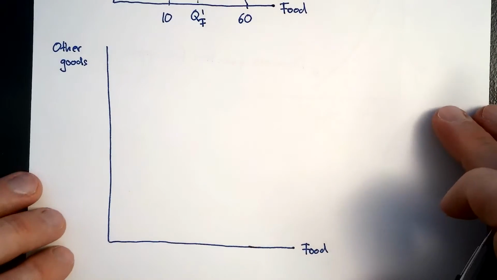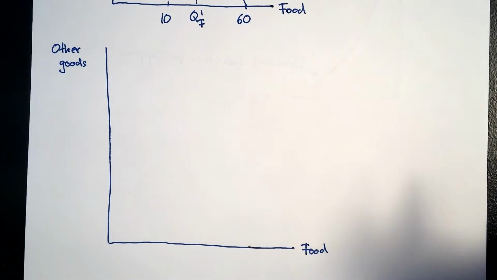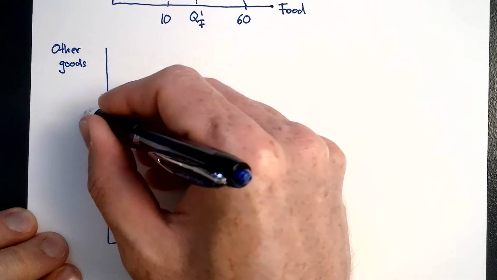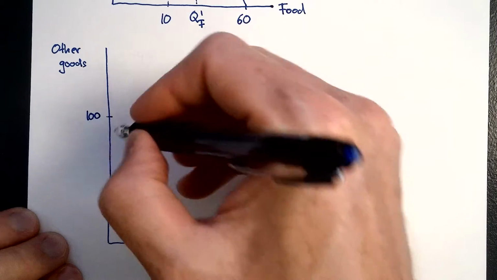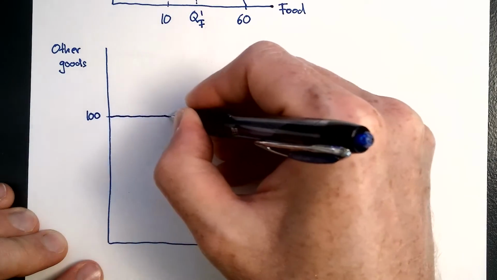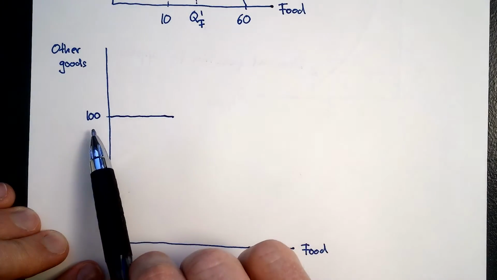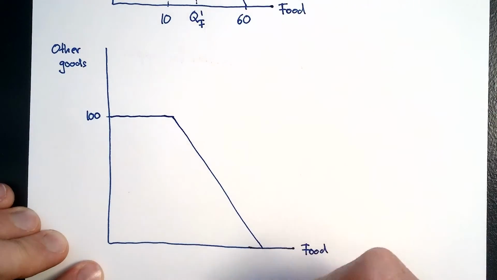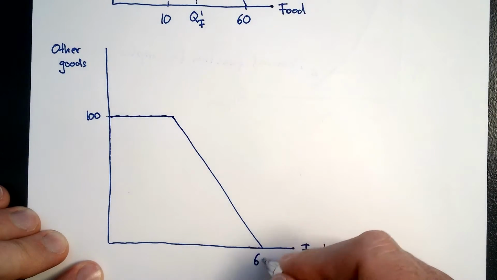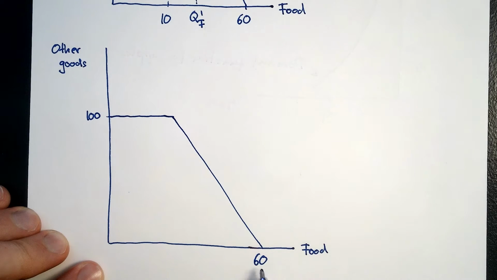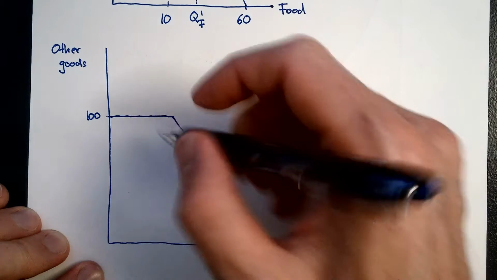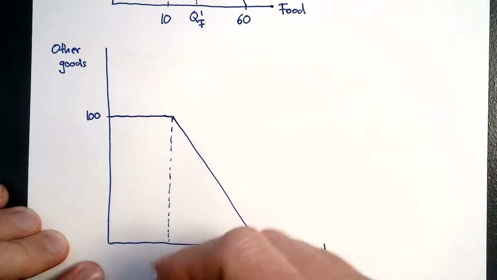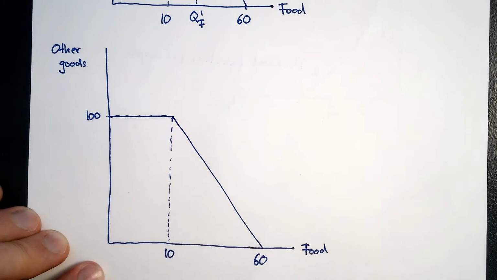Suppose that we now have the same situation where the consumer has a budget constraint that allows them to purchase 100 units of other goods. If only food is purchased, then 60 units of food are purchased. And we have the kink of the budget constraint at 10.